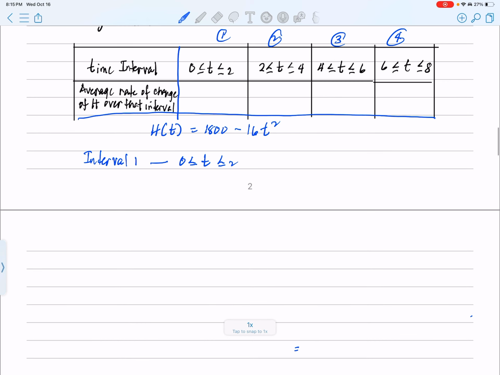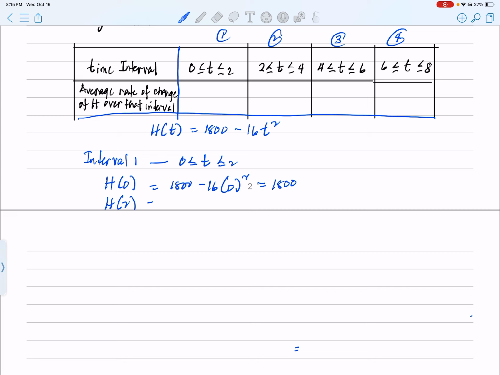So start with h of 0 and h of 2. 1800 minus 16 times 0 squared, that would be 1800 minus 0, that's 1800.